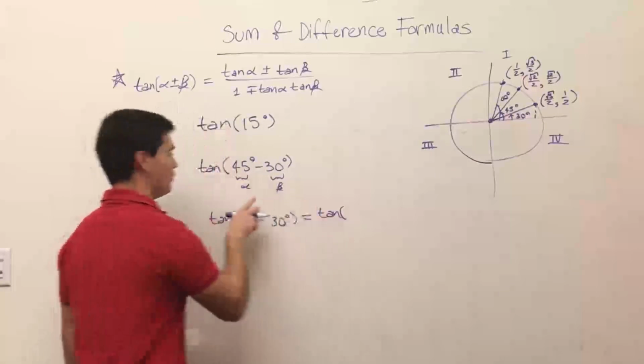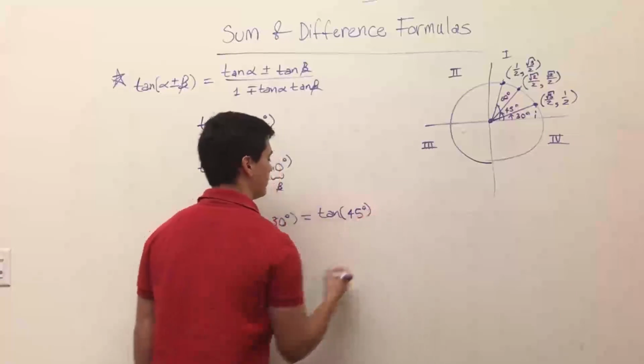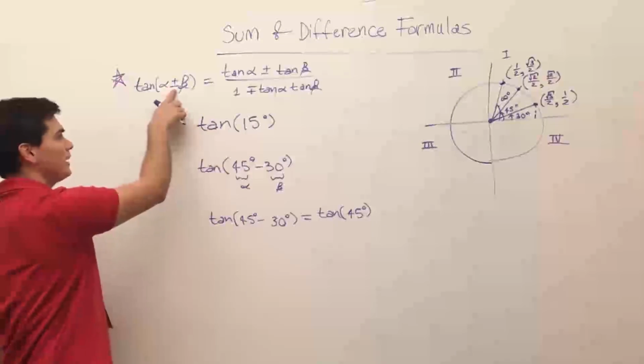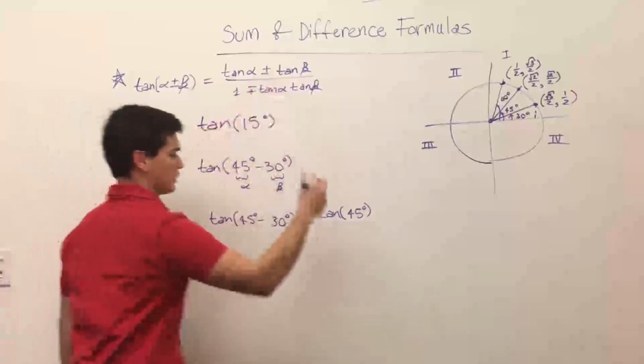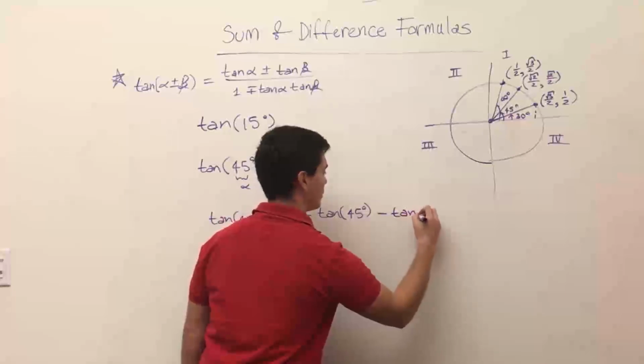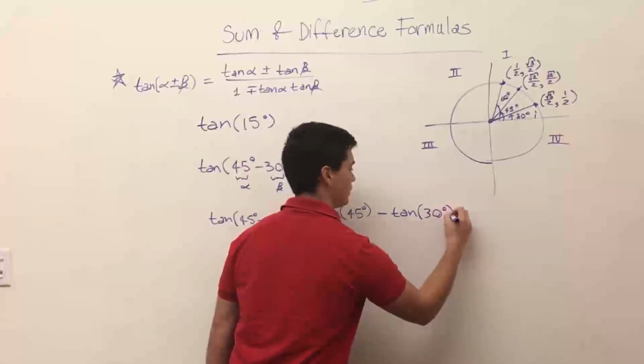We said earlier that alpha was 45 degrees, so we'll substitute in a 45 degree angle there. Since it's minus, we will be using the same sign here, so minus the tangent of beta, which is 30 degrees because it's the second angle.